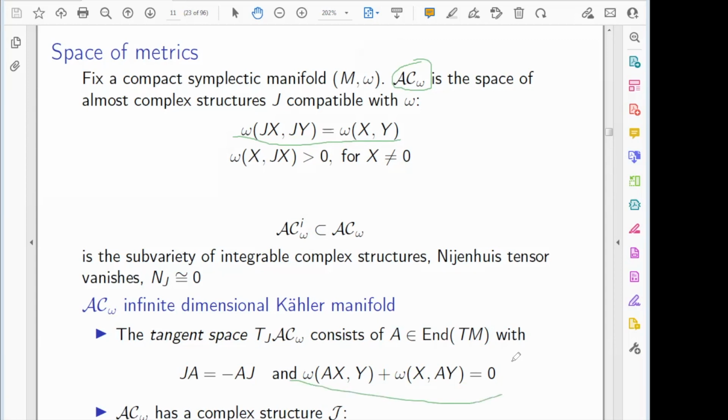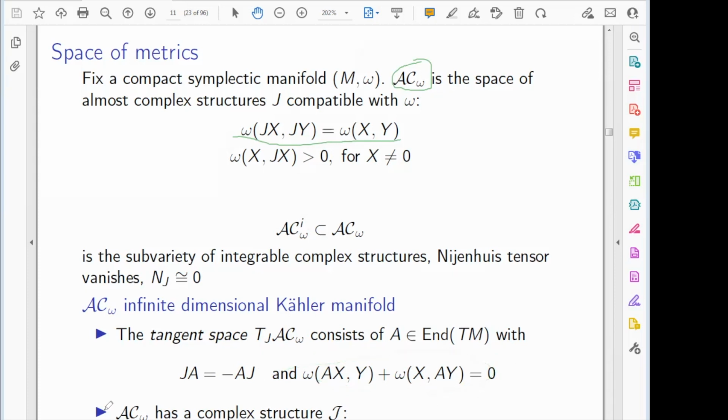If you rewrite this in terms of the metric, the tangent vector is symmetric with respect to the Riemannian metric given by J.